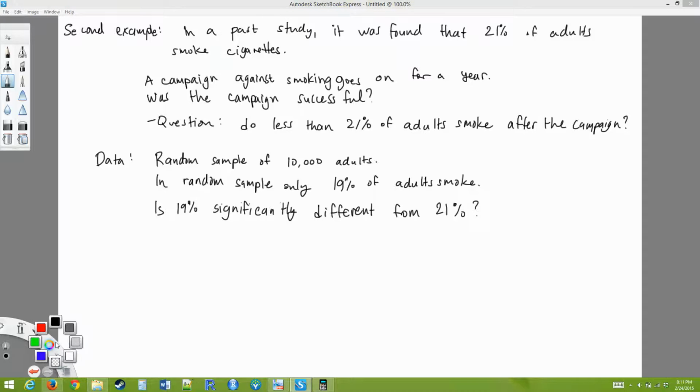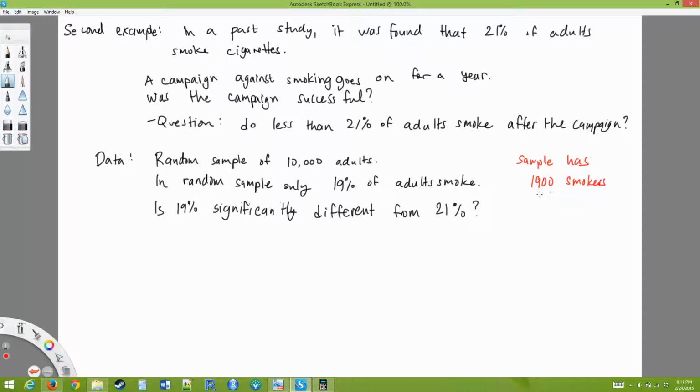So there's two possibilities, okay? To answer this, is 19% significantly different from 21%? So if our sample is 19% of adults smoke, our sample basically has what? 1,900 smokers out of 10,000 total people.